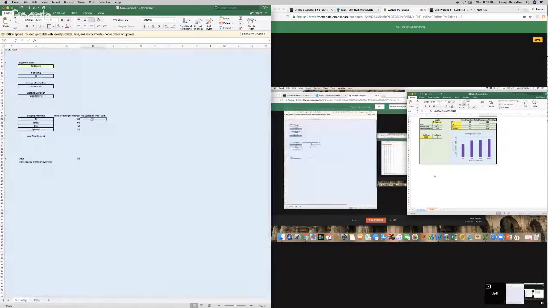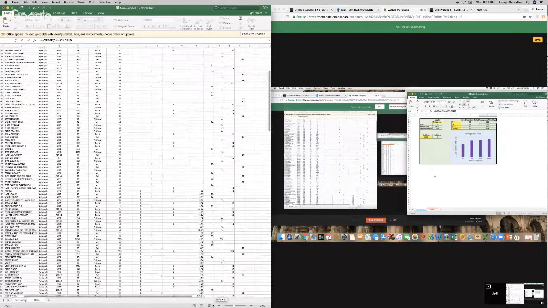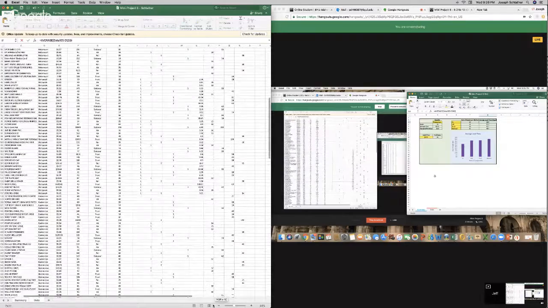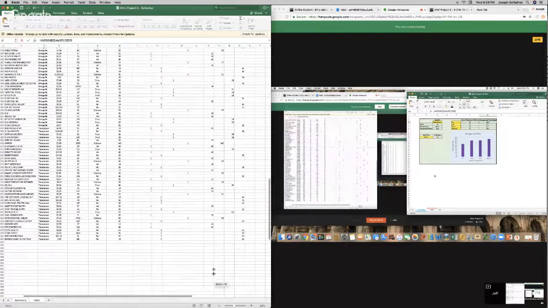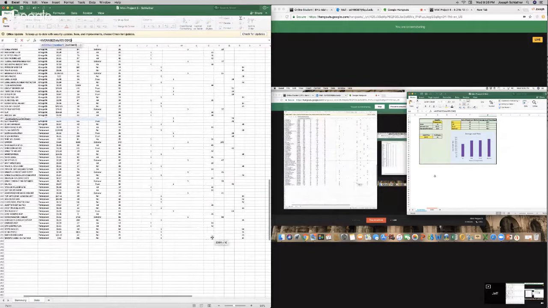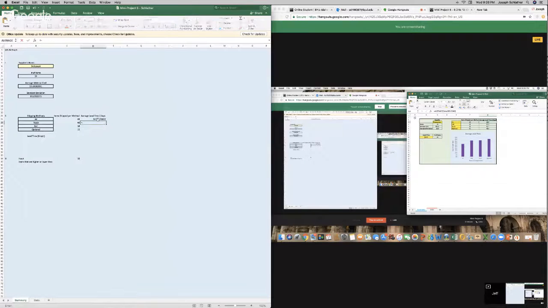Just right next to the items shipped per method. Equals.